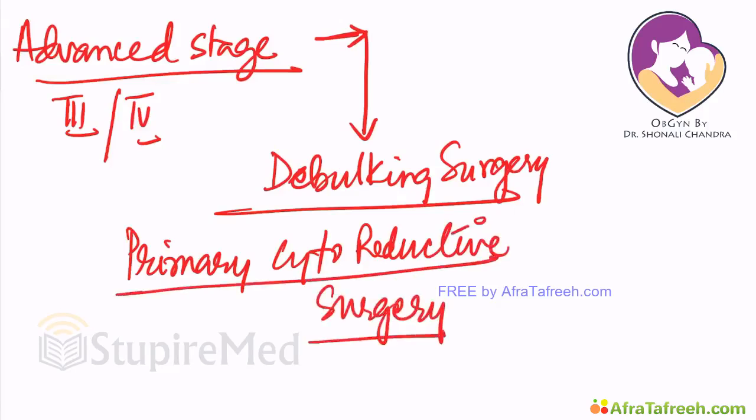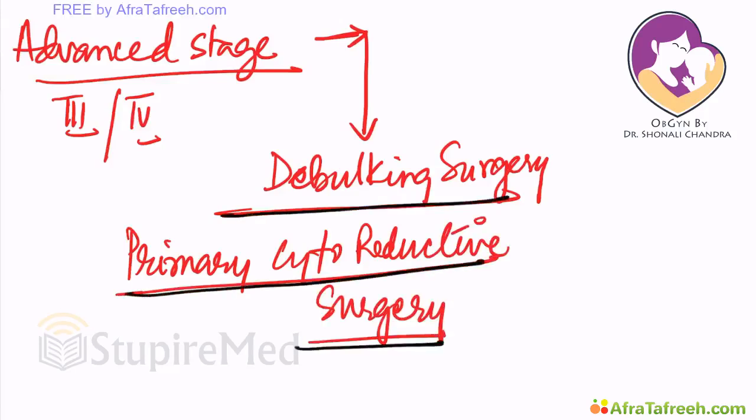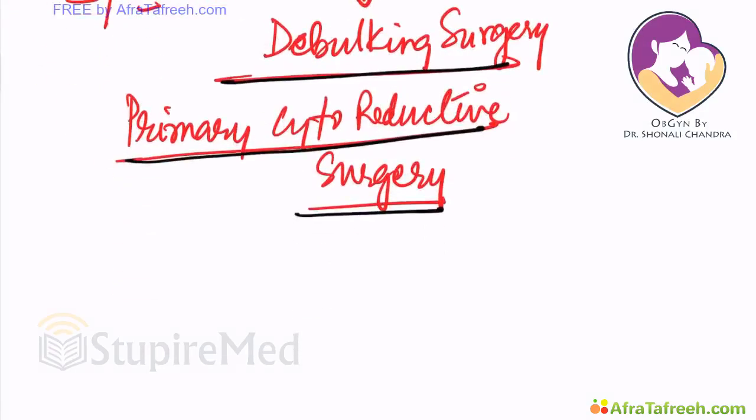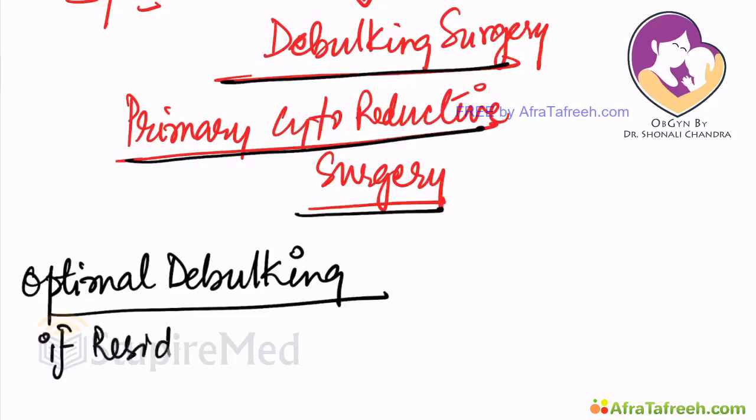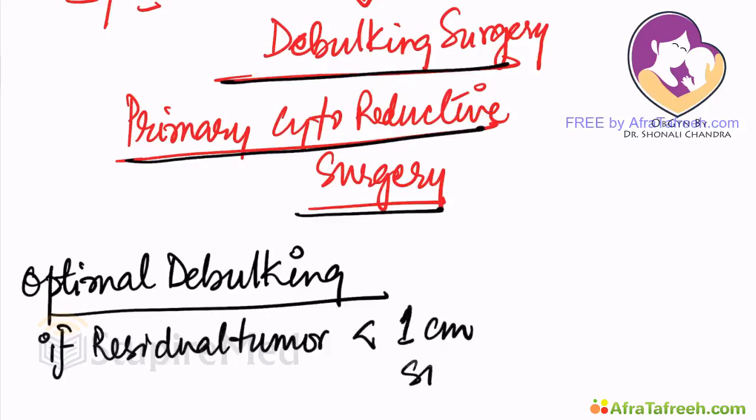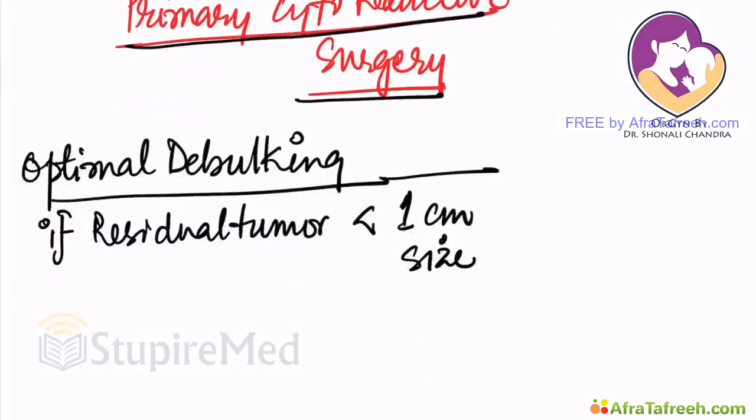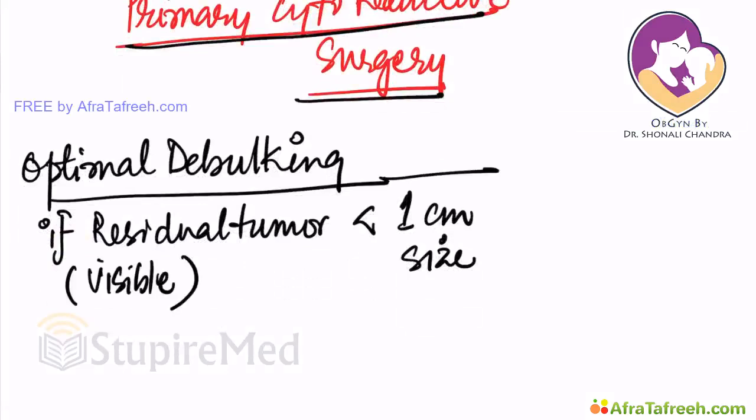When we do this debulking surgery, you have to remember that optimal debulking is considered if the residual visible tumor is less than 1 centimeter in size. That is what is called optimal debulking.